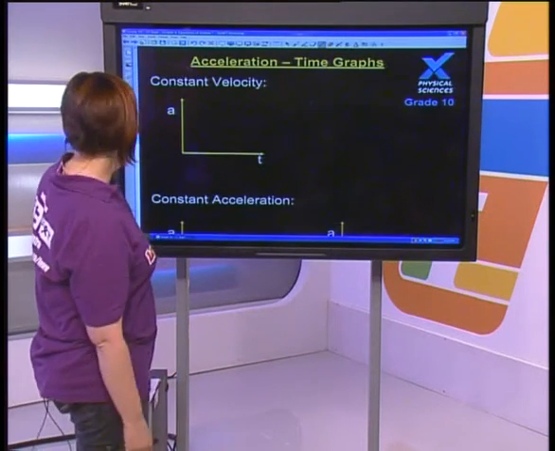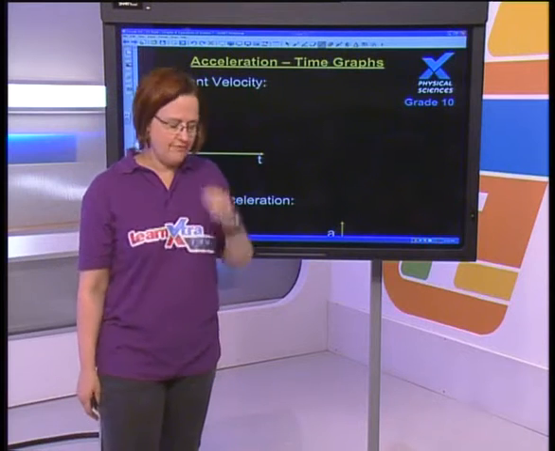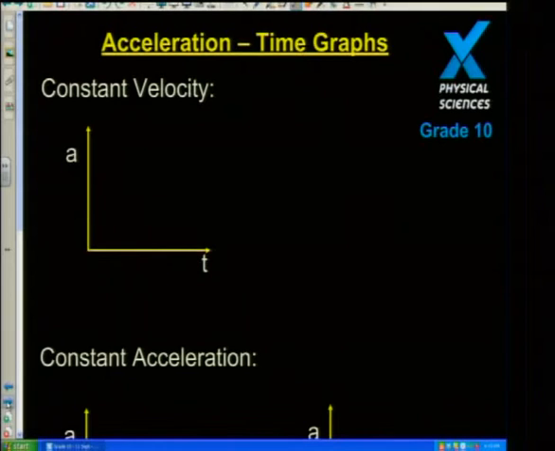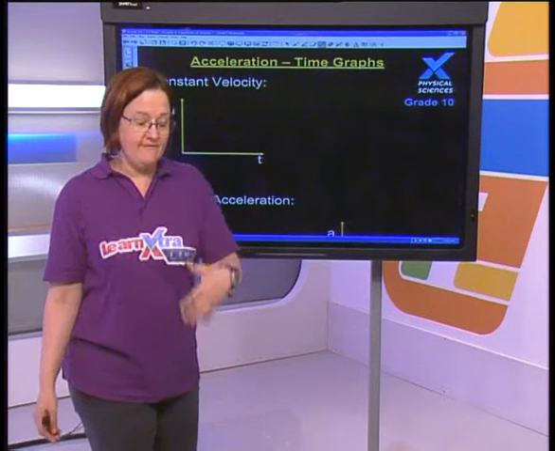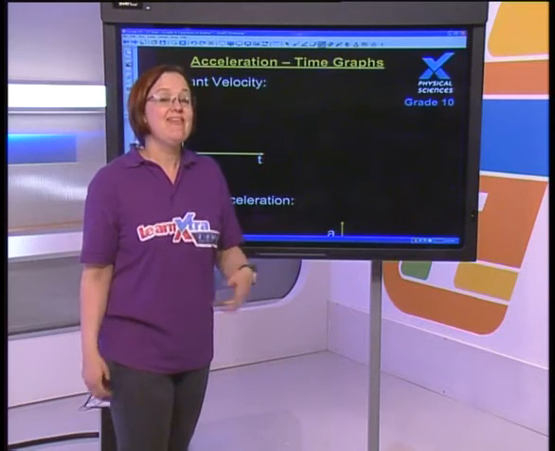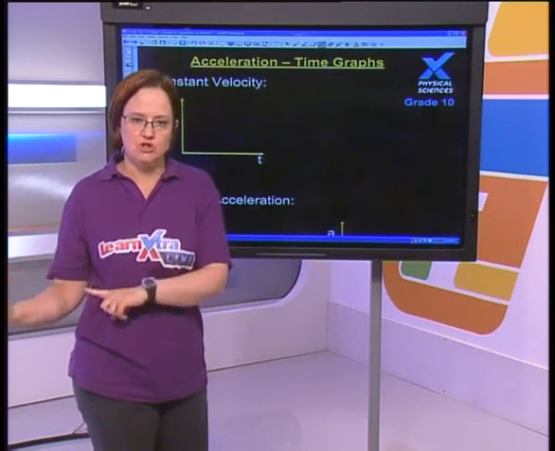That leads us to our last type of graph that we can get, which is acceleration time graphs. Okay? Acceleration time graphs are probably the nicest ones we have because they can basically only look three ways. If we have constant velocity, that means the velocity isn't changing. If our velocity isn't changing, there is no acceleration.